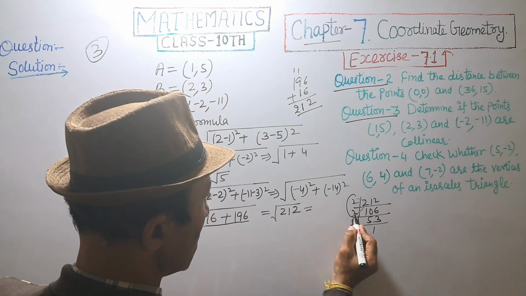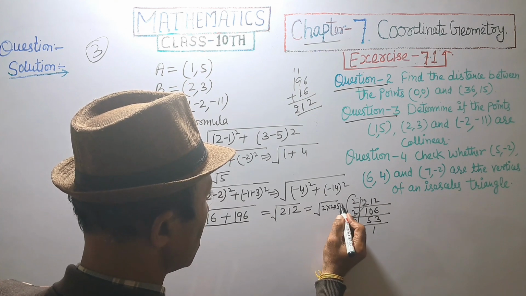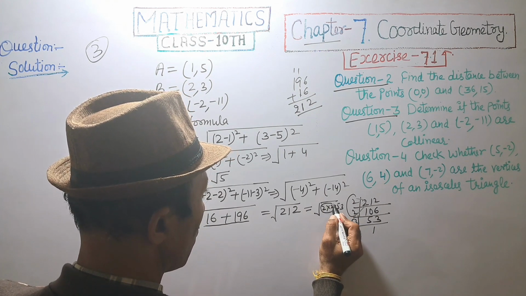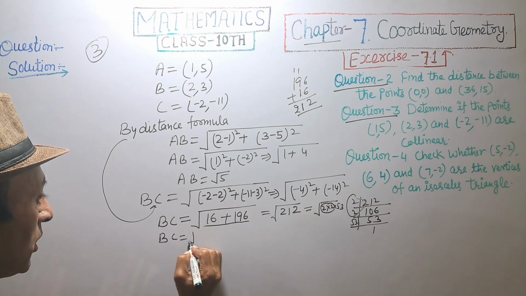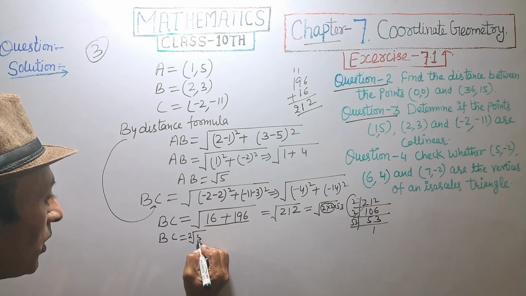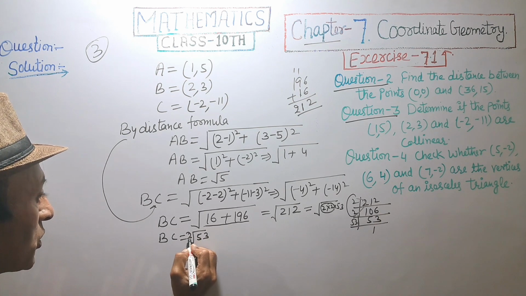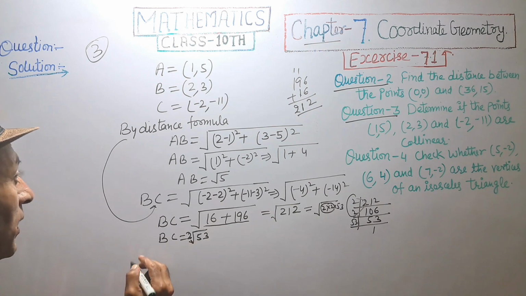This implies under root of 2 into 53, and one pair of 2 is common, so BC is equal to under root of 2 under root 53. 2 is common, 2 root 53.